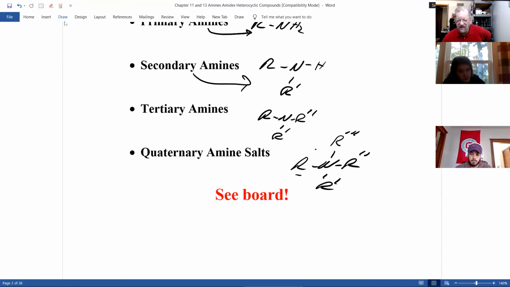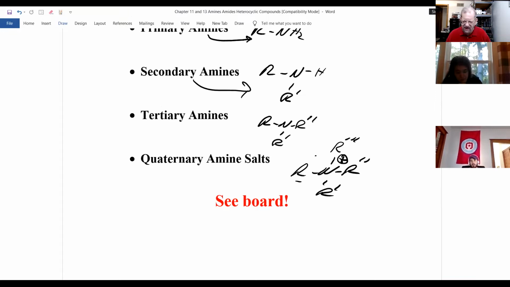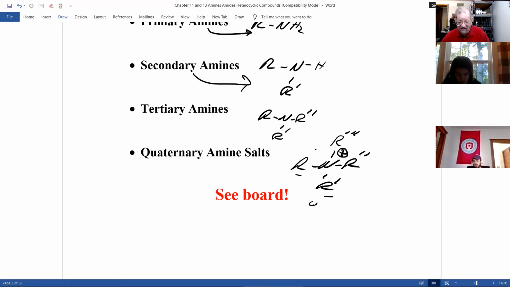Nitrogen in one of these is providing both electrons. And because of that, it has a positive charge. All molecules have a net zero charge. So if this is positive, called a cation, you need an anion.